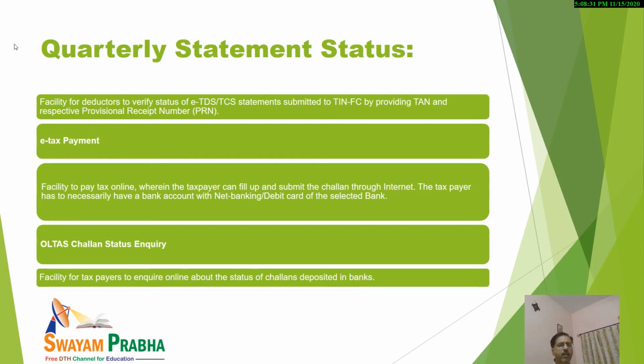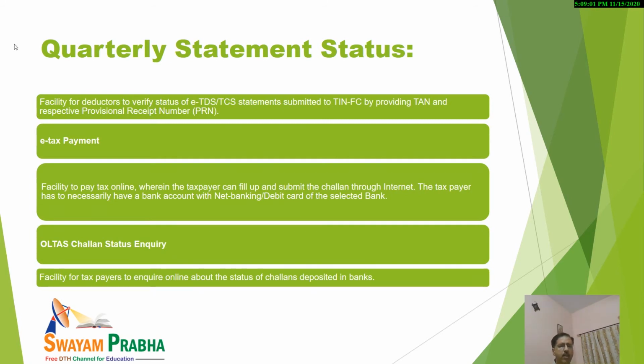Then OLTS challan status inquiry. Basically, we are in a position to make an online inquiry regarding the status of challans which have been deposited by the taxpayer, by the assessee, in designated branches of banks.